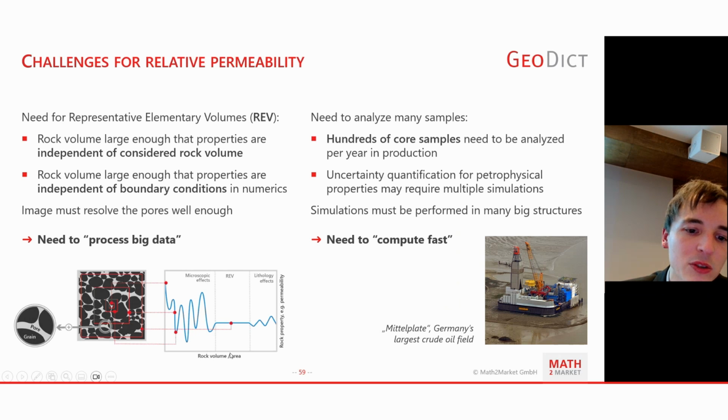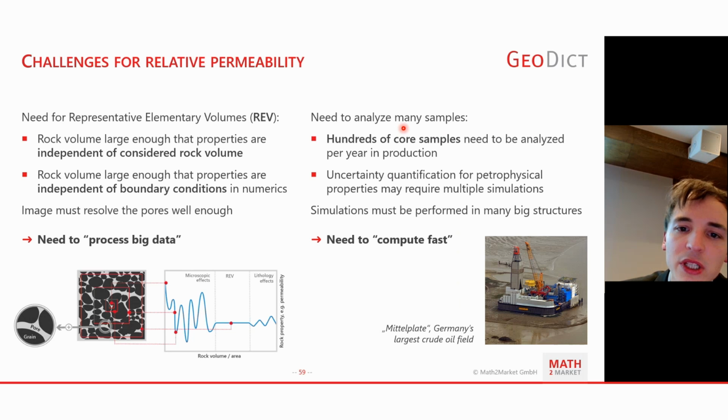The scale I would like to be in would be that REV scale for two-phase flow. And we know from simulations and experiments that the REV scale can be different for different kinds of parameters we are looking at. For absolute permeability, for example, the REV size I have to consider can be smaller compared to two-phase flow.